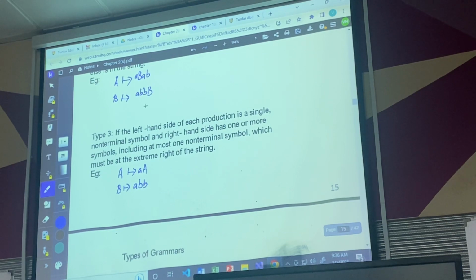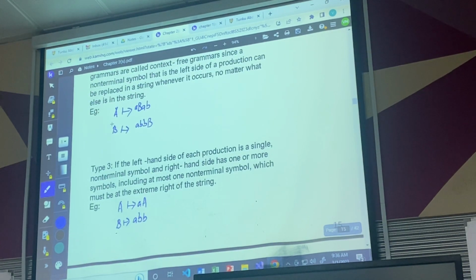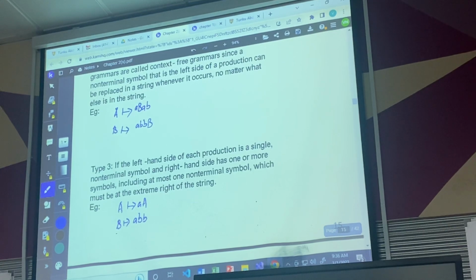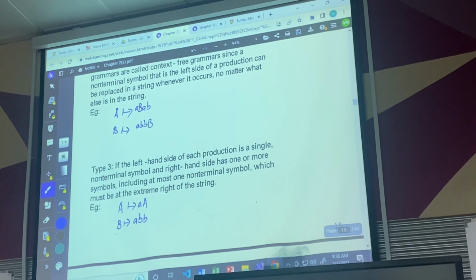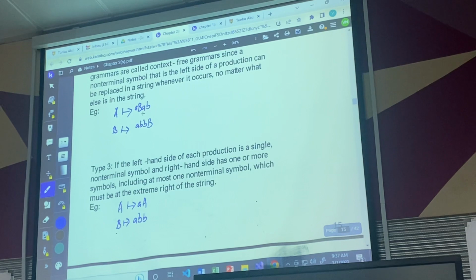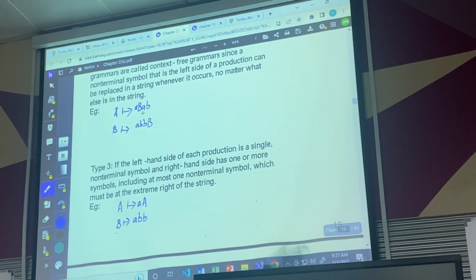Okay? Now, if this is a type 2 grammar, can you say that this is type 1 also? Remember what type 1 is? The left-hand side string must be less than or the same length as the right side string, isn't it?